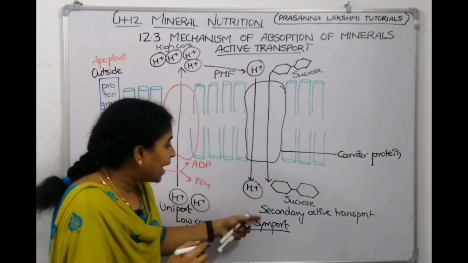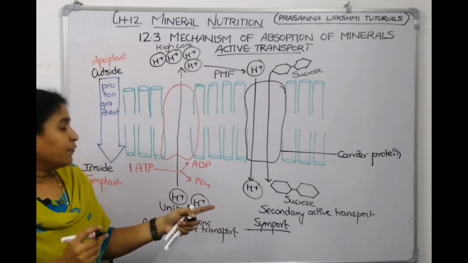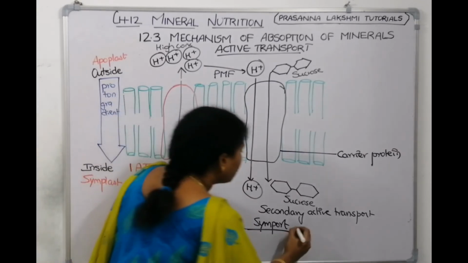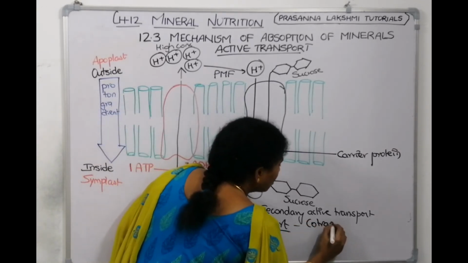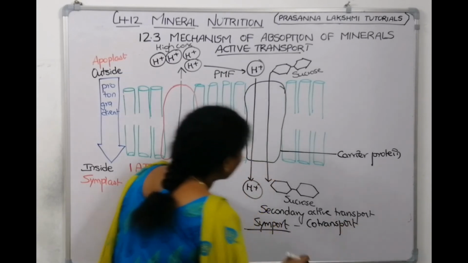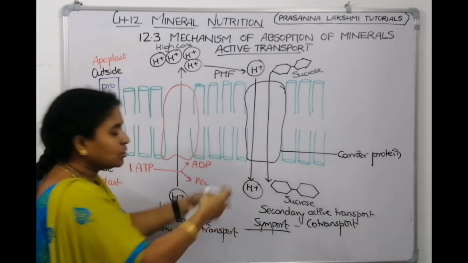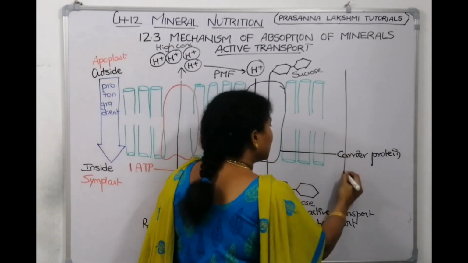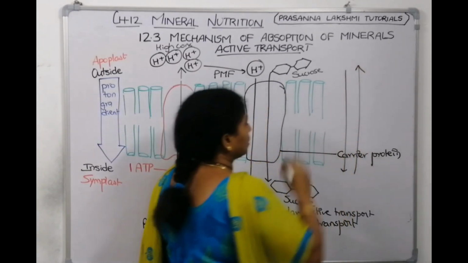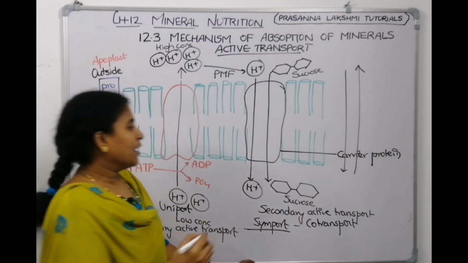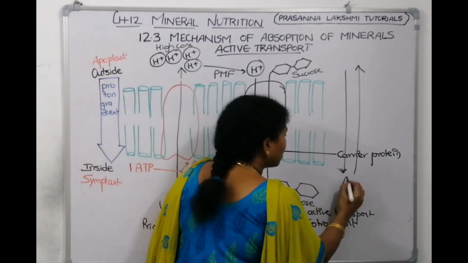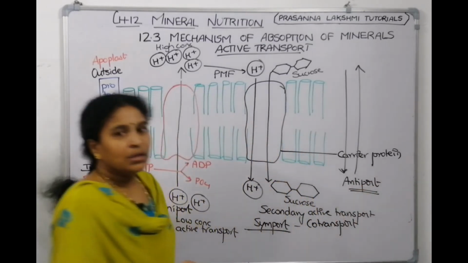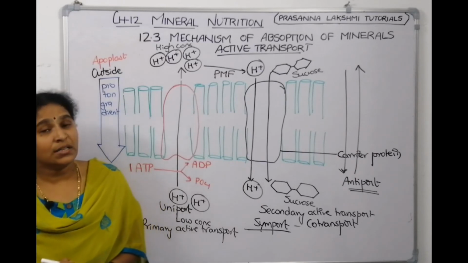If two particles are moving, you can call it symport, which is a co-transport. Both particles in the same direction is symport. If one particle comes in and the other goes out, that is called antiport.